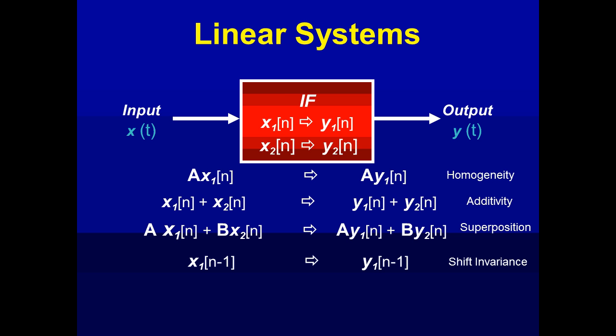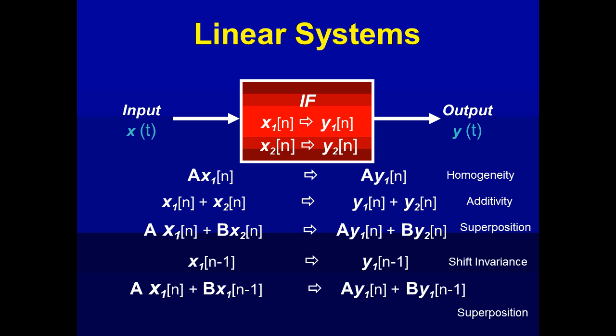It's also true if it's time invariant. If I delay x of n by 1, y of n delays by 1. Okay. So if I put in this combination of inputs, I'm going to get this combination of outputs. And so the way I generalize my zero state response is delay it if I have any delayed x of n terms, and if I have any multipliers out in front of them, I will multiply them as well.